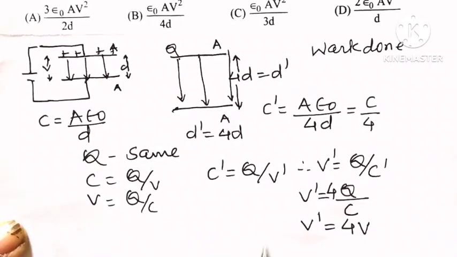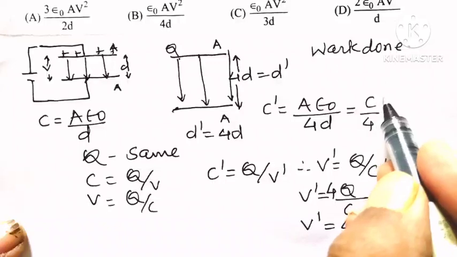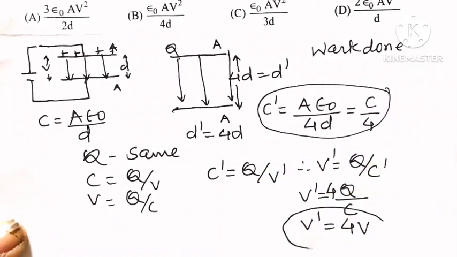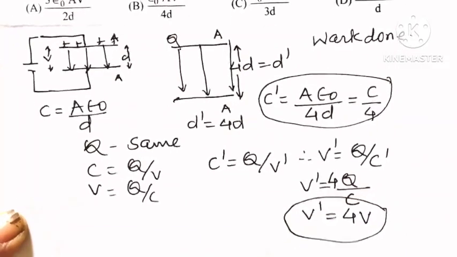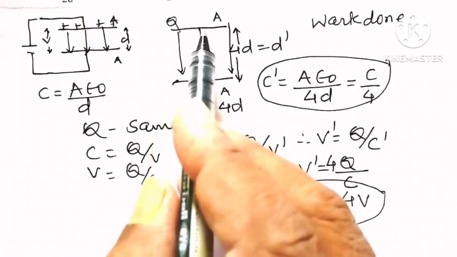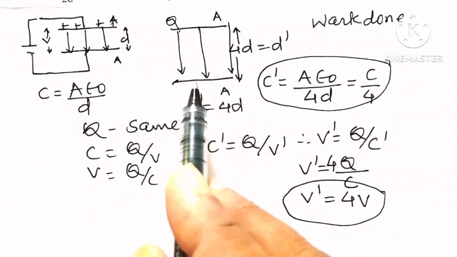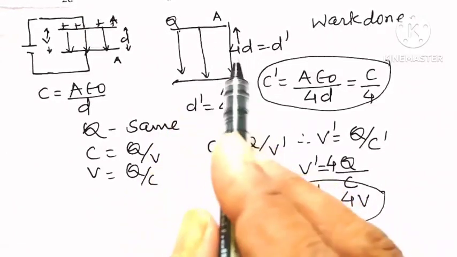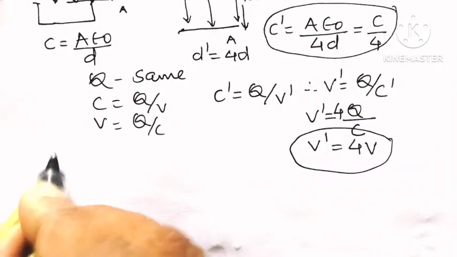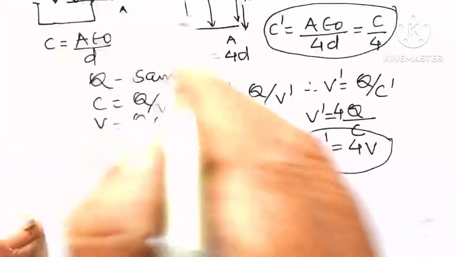So, see here, the new capacitance C dash is equal to C by 4 and the new potential difference V dash is equal to 4V. To find the amount of work done required to pull the two plates apart so that the distance between them becomes 4 times d, we must first find the energy stored in the capacitor in two cases.